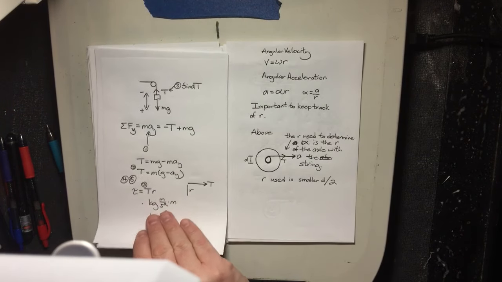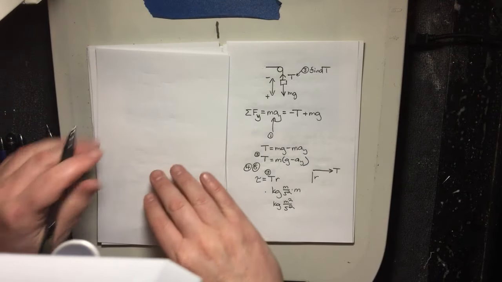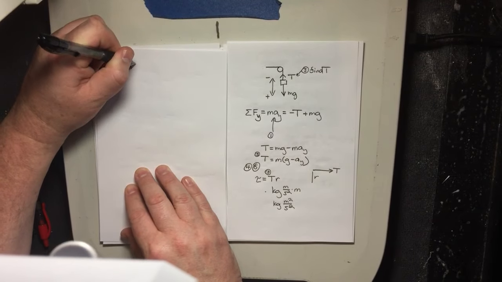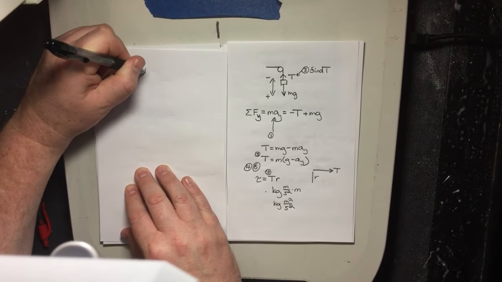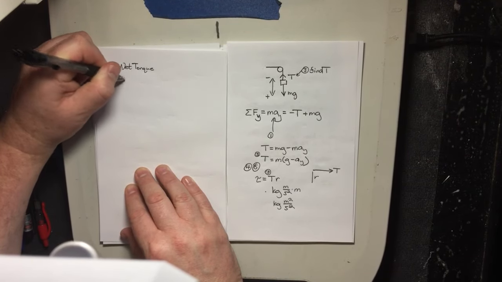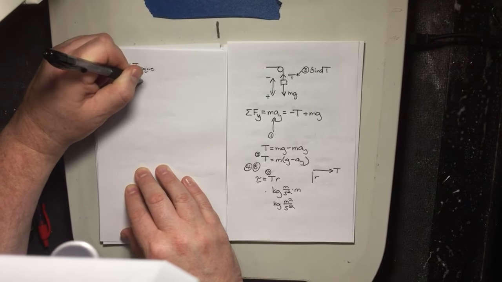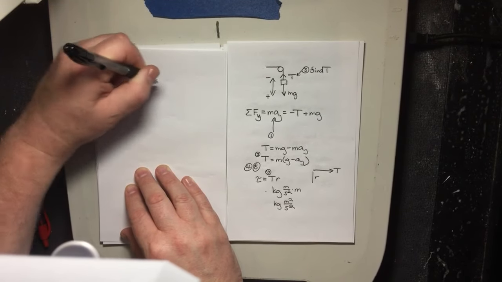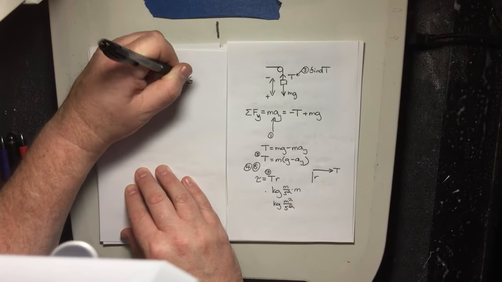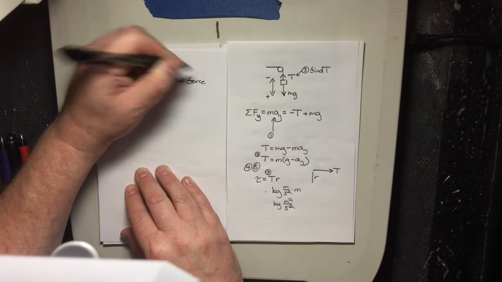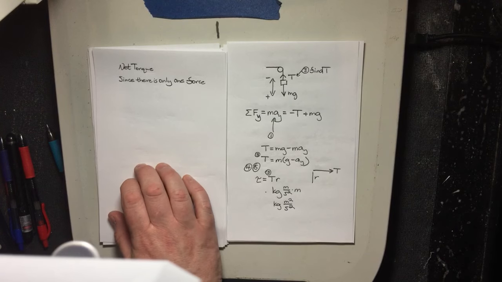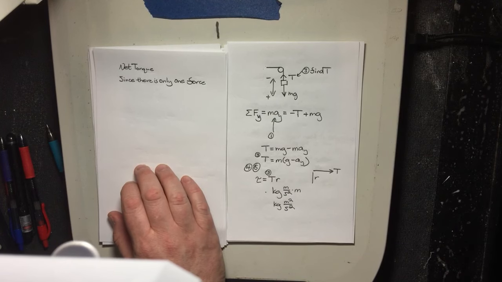Now for number 5, they want to know the net torque. And I would say, since there is only one force, they explicitly stated that there was no friction in the apparatus of the pre-lab.